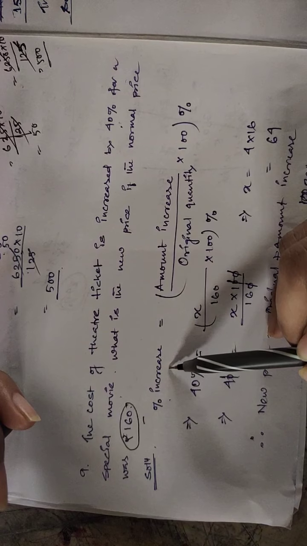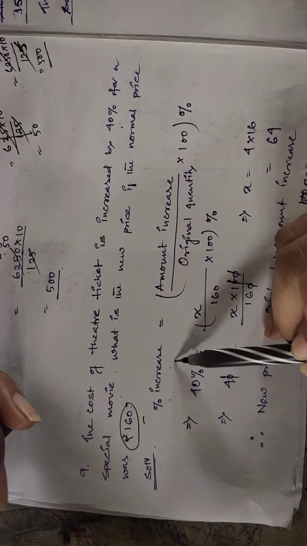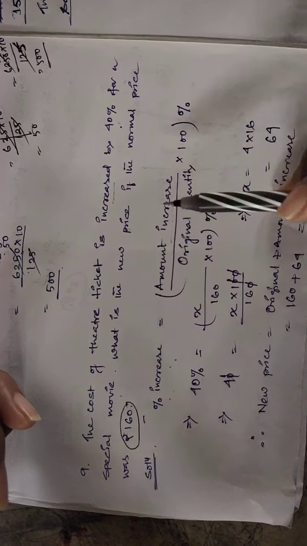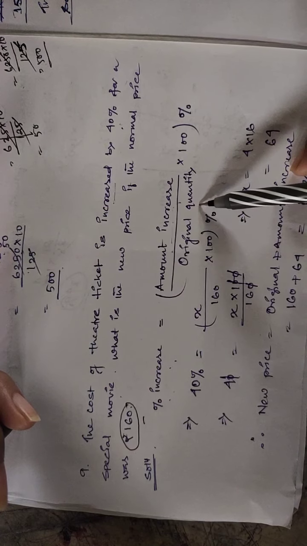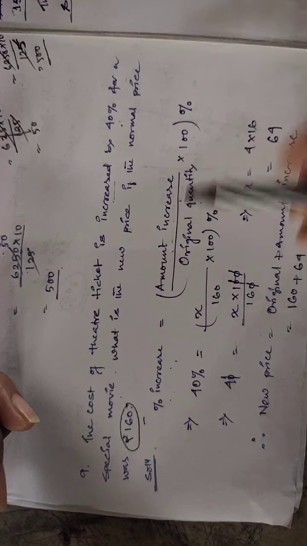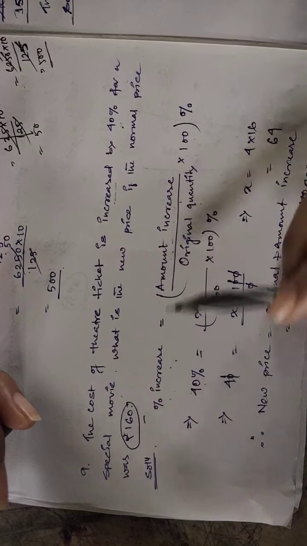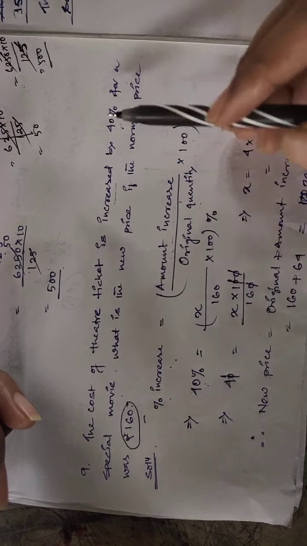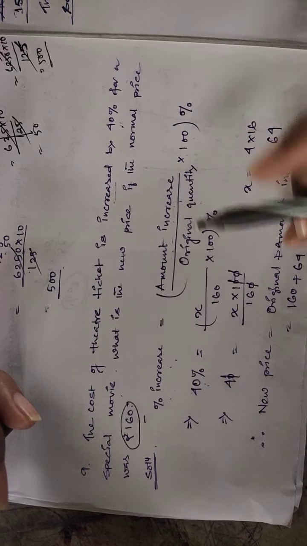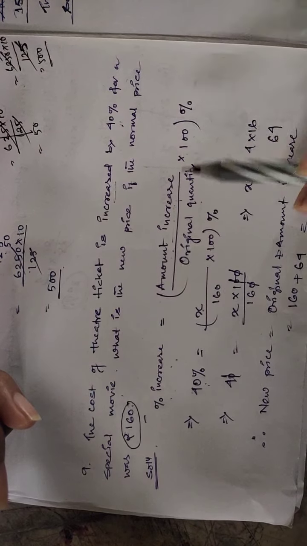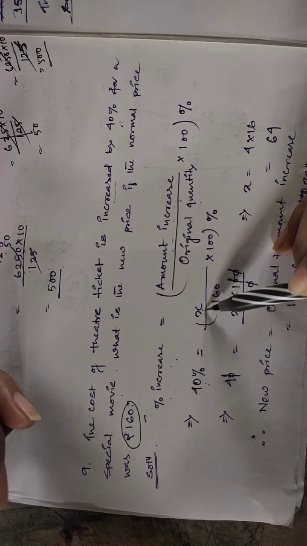So percentage increase, that formula we know. Because the increase is given, I have to write here amount increase by original quantity into 100. So the amount increase, how much? The percentage increase is 40%, and how much the amount is increased we don't know, that's why I have taken it as x. That means the amount increase is equal to x.